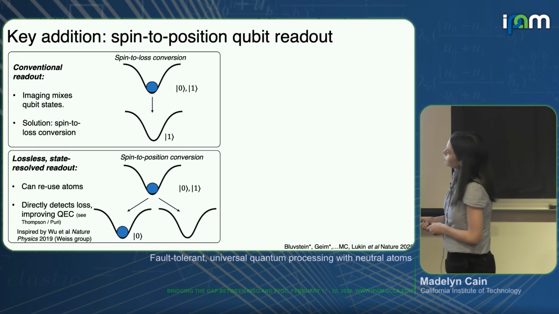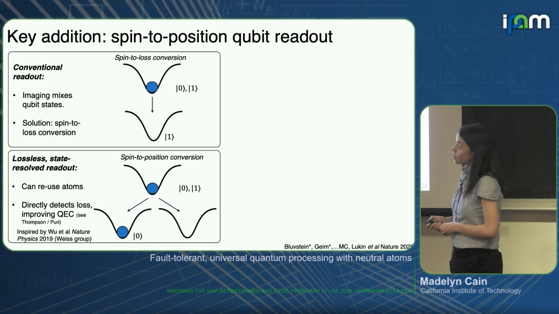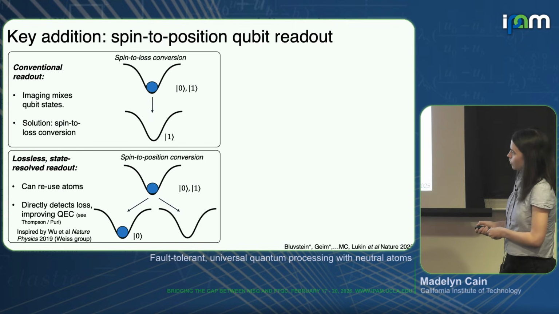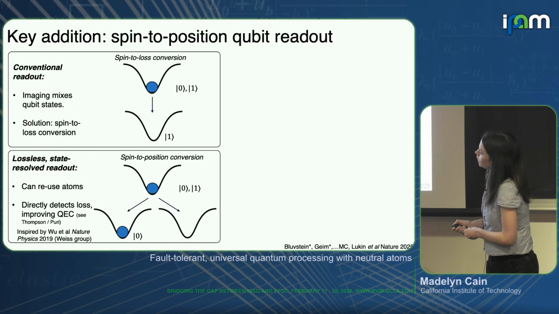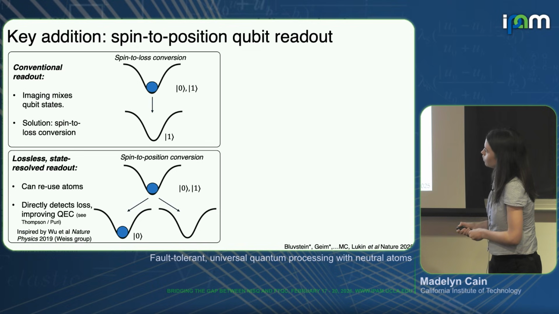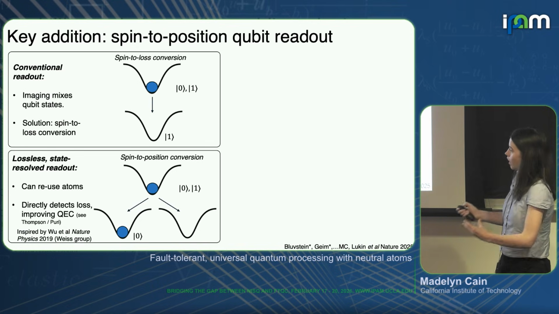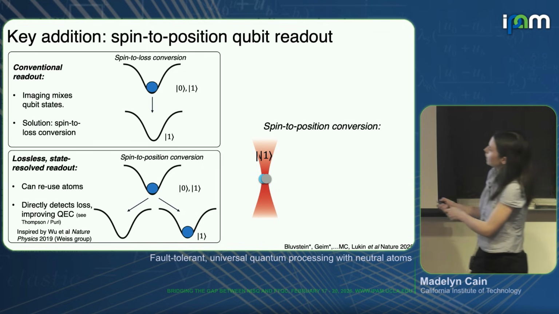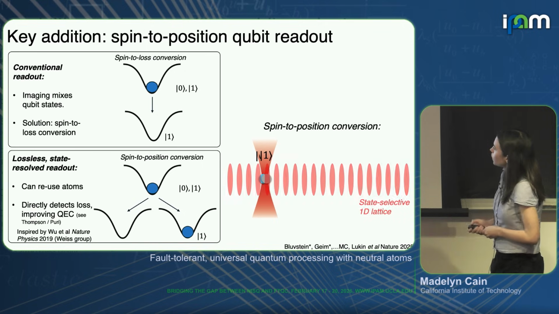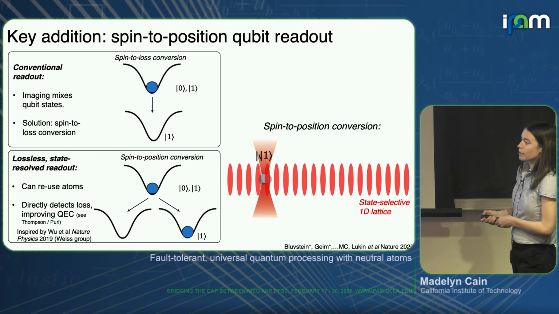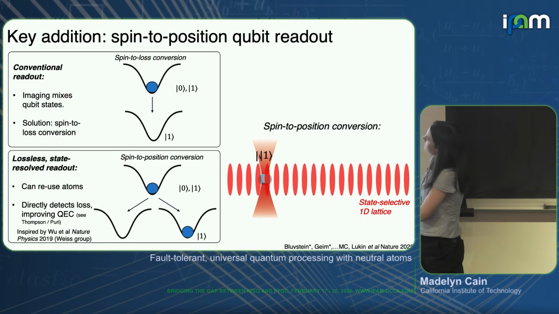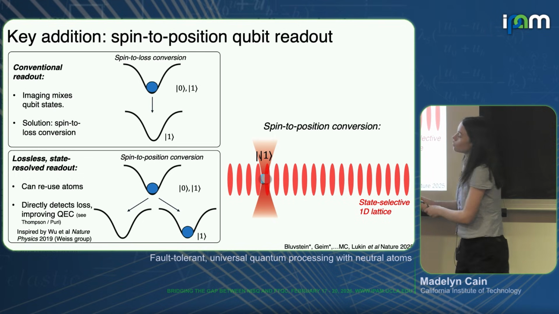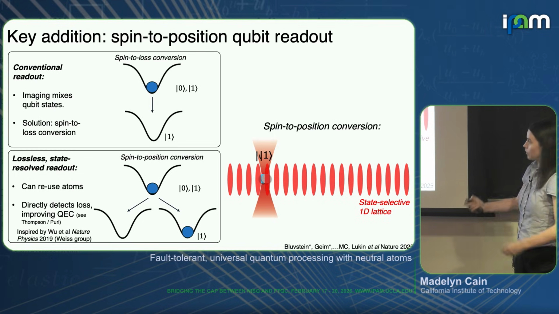So the scheme that was implemented was spin to position conversion. Basically, you have an atom that's in some 0-1 superposition, and we convert whether it was in 0 or 1 to which position it's in, either right or left. This is done by using a state-selective one-dimensional lattice to take one of these two states and transfer it into the lattice, depending on which qubit state you were in.